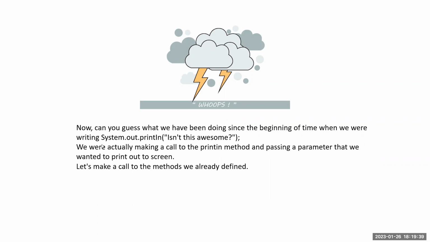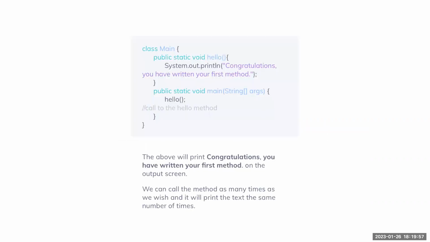What was the parameter that you are passing? A string, which can print exactly onto the screen. That string, we were passing to the println method, right? So yeah, let's make a call. How do you call a method?